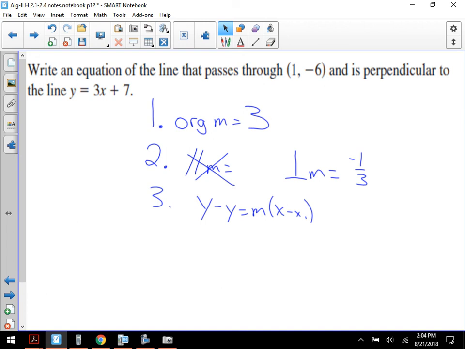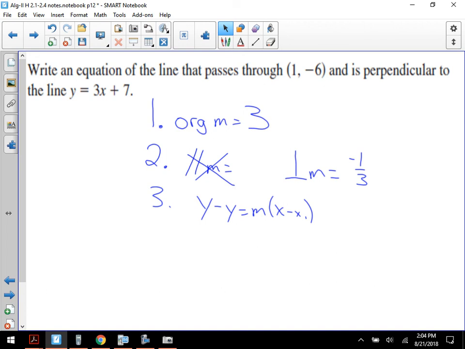Is it a parallel or a perpendicular problem? It slows you down for 5 seconds. That's all it does. For the other guys, it makes me rethink: parallel, same; perpendicular, opposite reciprocals. See where I'm going with that? It brings in everybody, whether you can pick up on this stuff super fast or you need a little more structure to go through it.